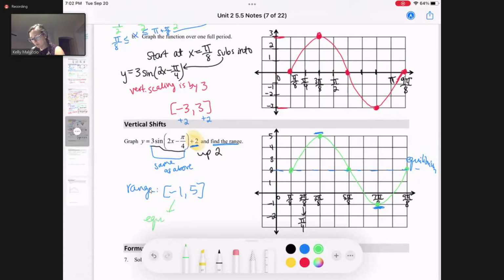It's equilibrium minus the amplitude, and then equilibrium plus the amplitude. So like 2, and the amplitude is here, 3. So 2 plus 3 and 2 minus 3. That's how we got those.